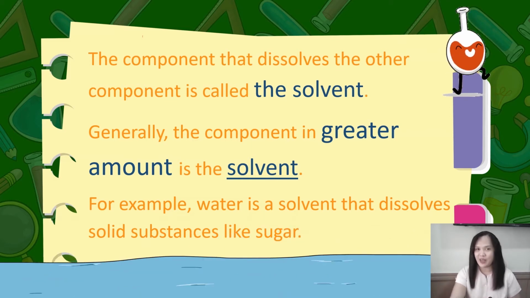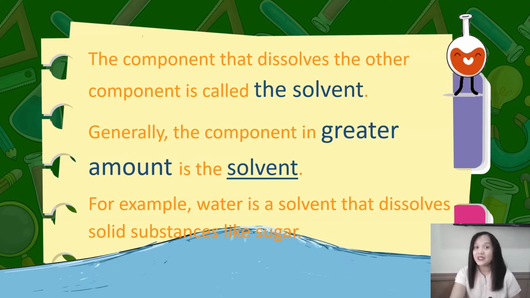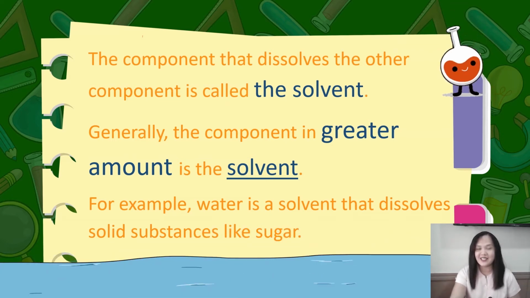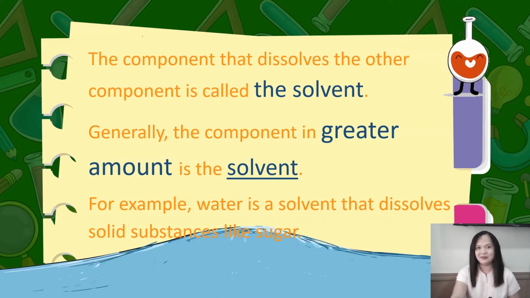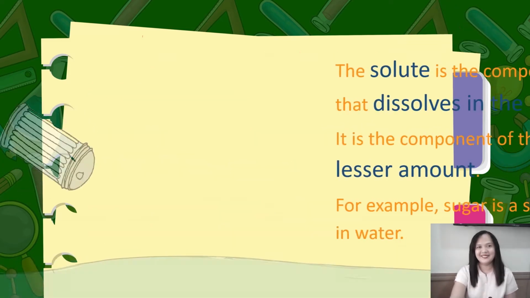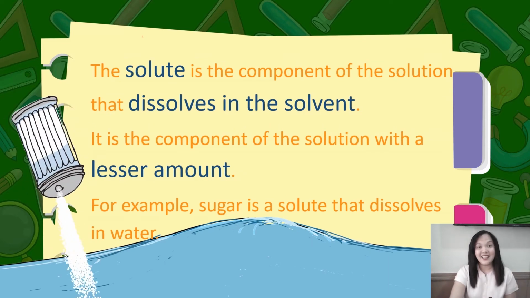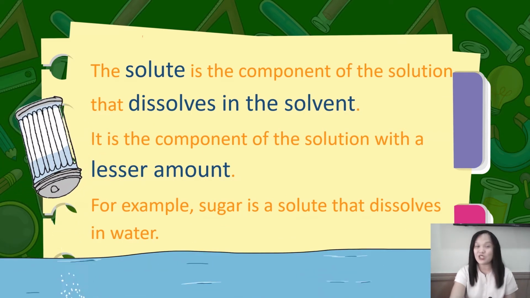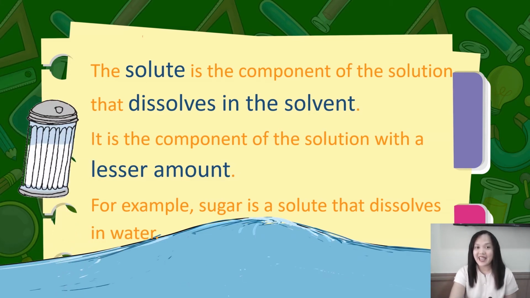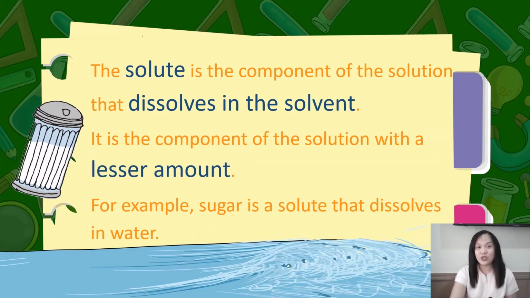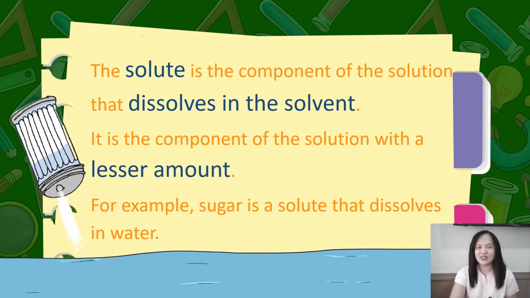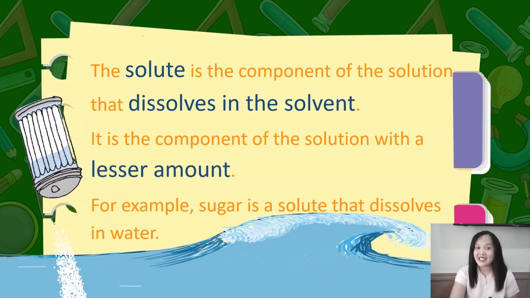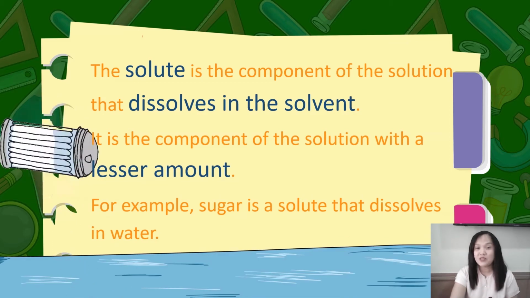For example, water is a solvent that dissolves solid substances like sugar, while the solute is the component of the solution that is dissolved by the solvent. It is the component of the solution with a lesser amount. For example, sugar is a solute that dissolves in water.